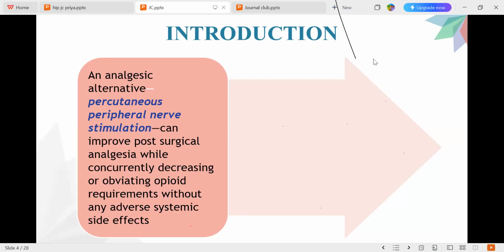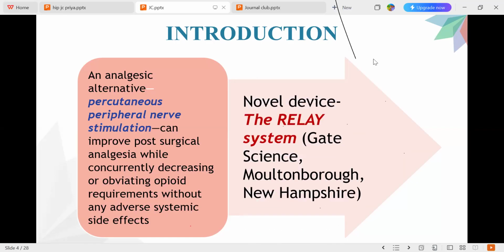It improves post-surgical analgesia while also decreasing or completely avoiding opioid requirements without any adverse systemic side effects. This device is the Relay system, designed by Gate Science, based in USA.